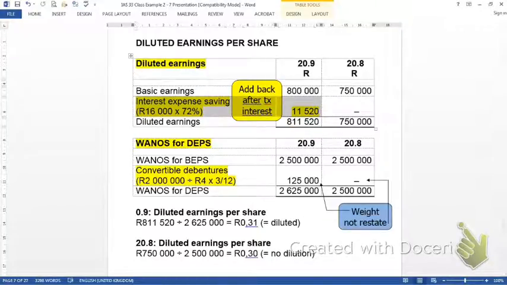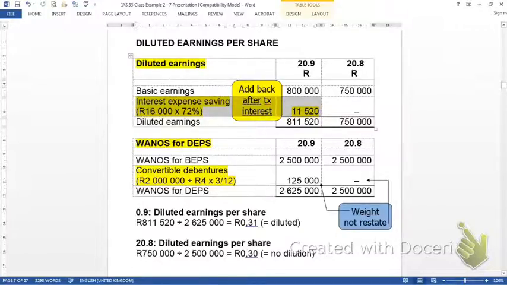In this case, we were given the 16,000. In some cases, you'll have to calculate it, but here you were given the 16,000 for that specific period. Just remember to take it after tax, and the after-tax amount is then the 11,520 that you have there.